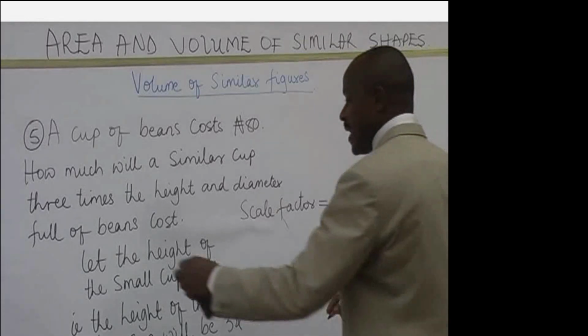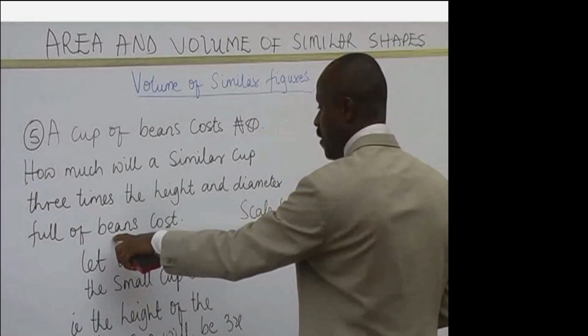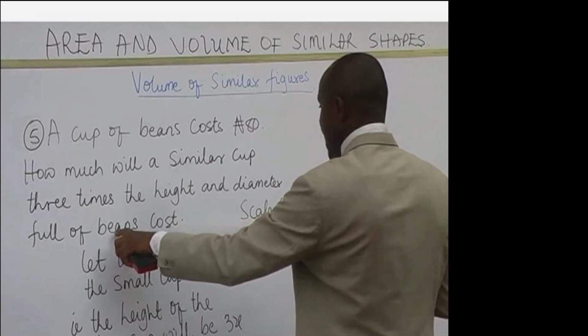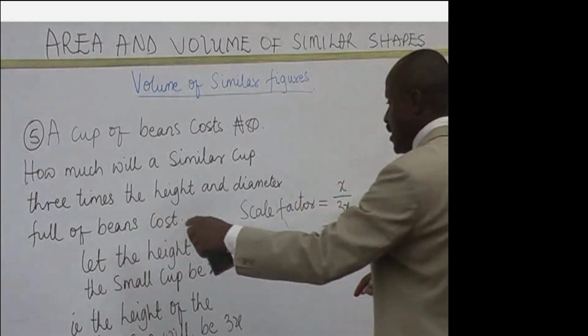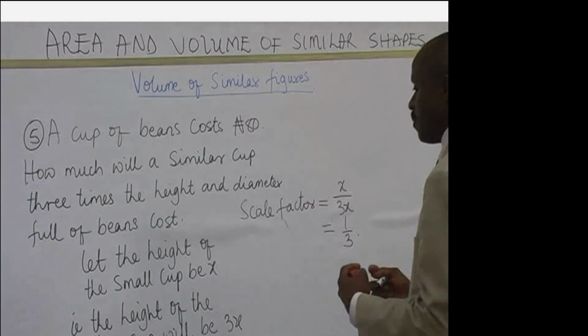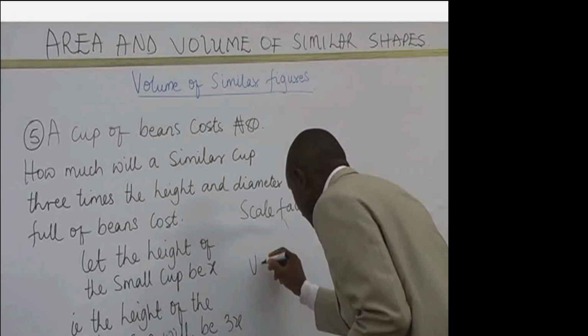Okay? They're asking for the cost of the bigger cup full of beans. That bigger cup full of beans, the cost now is equivalent to the volume. That means let's calculate the volume factor.